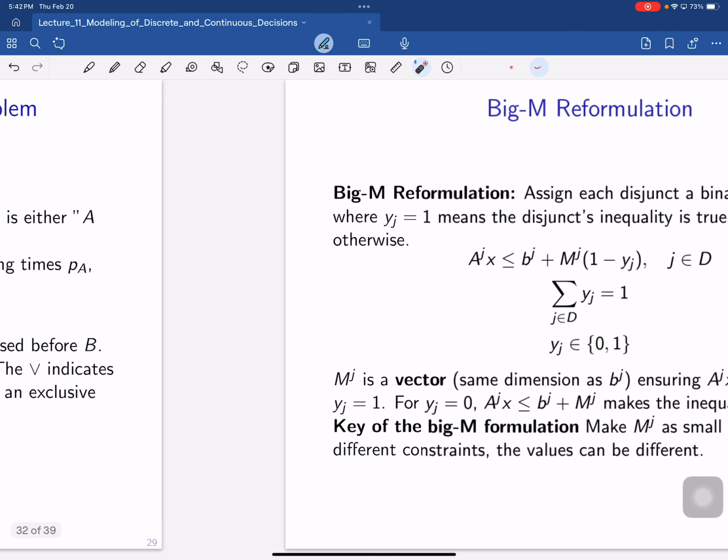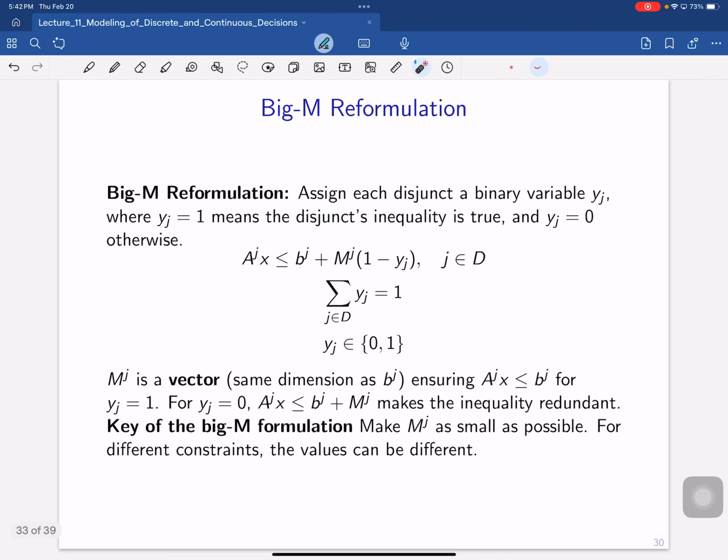Now the question is, how do you formulate linear disjunctions using mixed integer linear programming constraints? One of the formulations is the so-called big M reformulation. The idea is to assign each disjunct a binary variable.